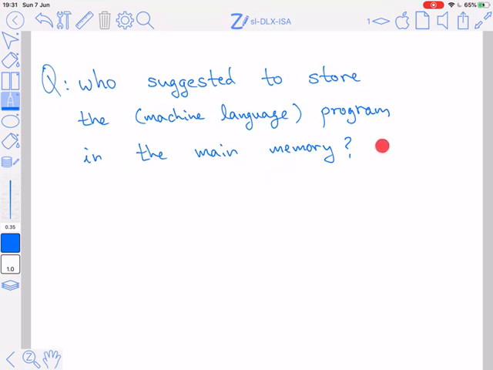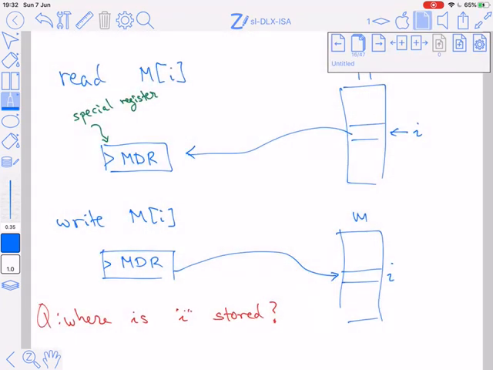Who was the first person who suggested to store the machine language program in the main memory of the computer? Up to this suggestion, the main memory was used only for storing the data, not for storing the program. Okay. Who was the person who suggested it? When did that happen?